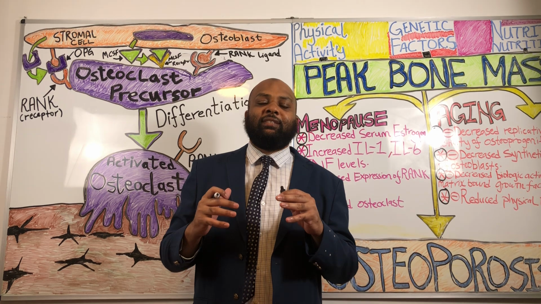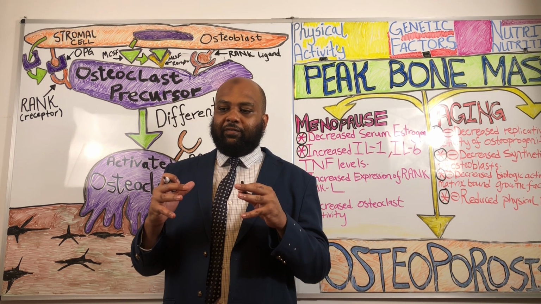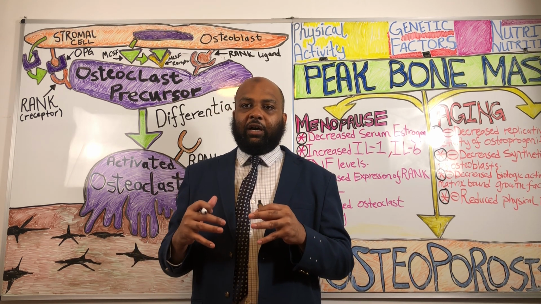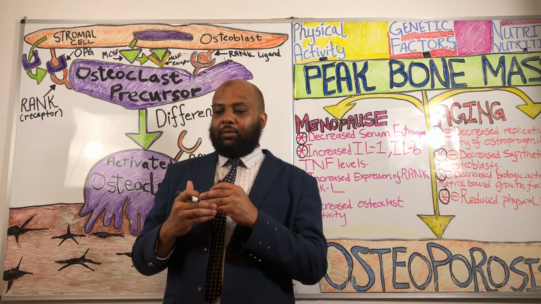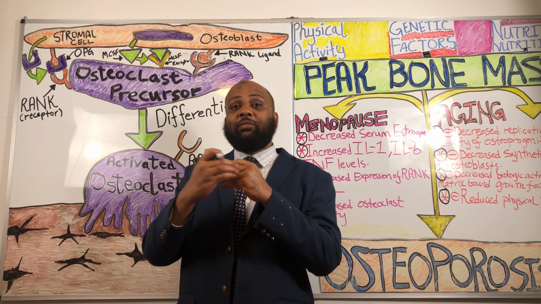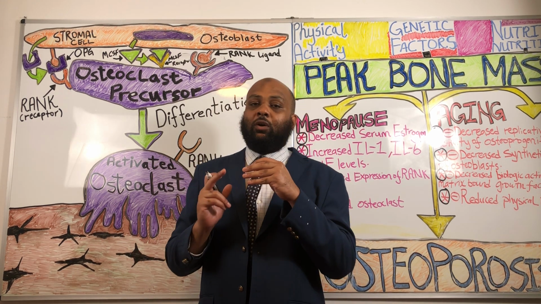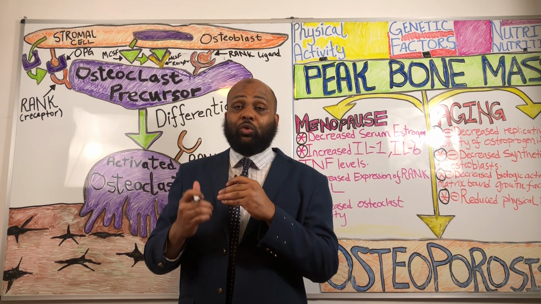So osteoclasts mediate bone degradation because they have acid, and they have these hydrolytic and proteolytic enzymes with these metalloproteinases. These proteolytic enzymes degrade the bone. So whenever osteoclasts are activated, they resorb and destroy the bone.